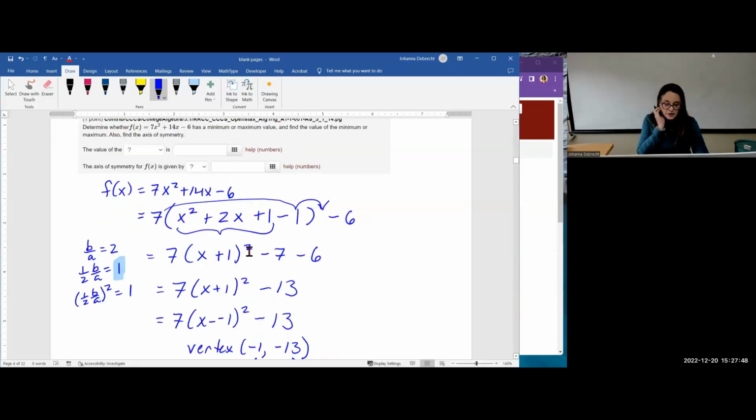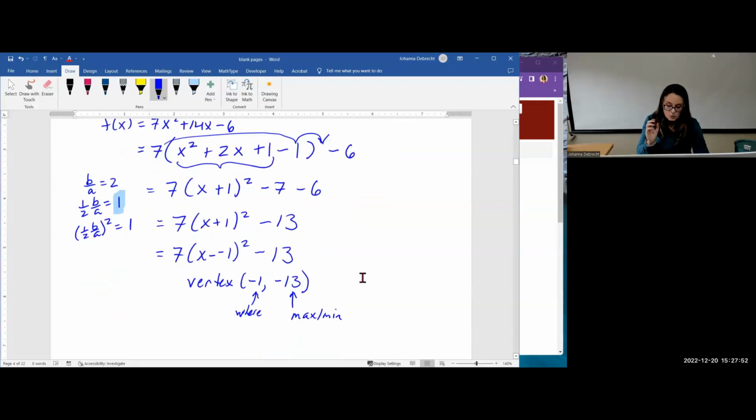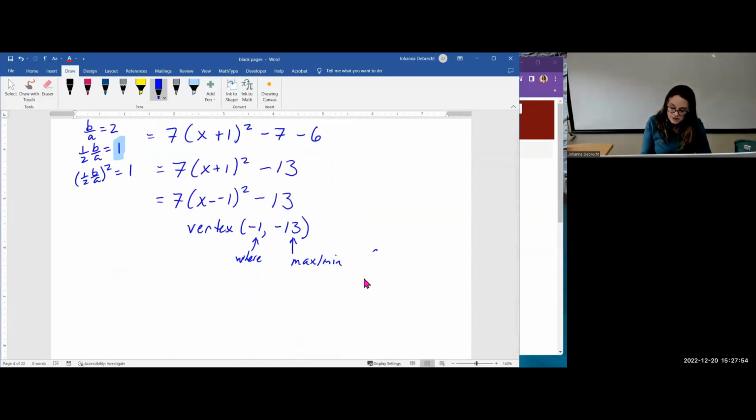Well, let's go back to our equation and look at a again. A was 7, which is positive. So since a equals 7, which is positive, I know it has to open up. Just look at the picture. It's got to be a minimum. So in this case, our minimum value is -13. That's the smallest y value that gets used.